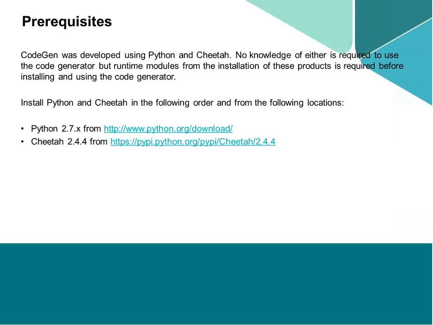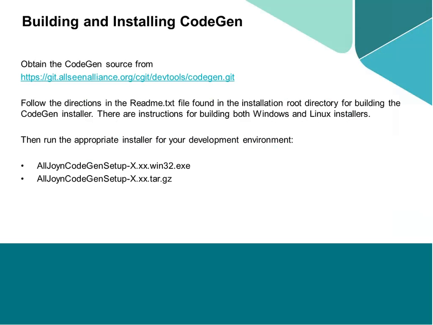So install Python and then Cheetah from ordinary standard download locations, and then you can get the code generator source from the AllSeen Alliance, and then build the code for that and install either the Windows version or Linux version.